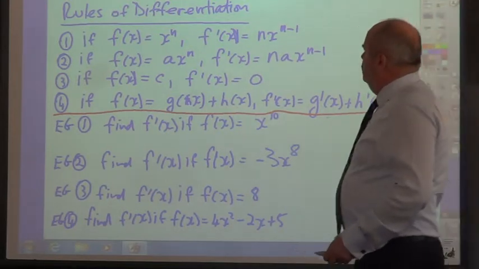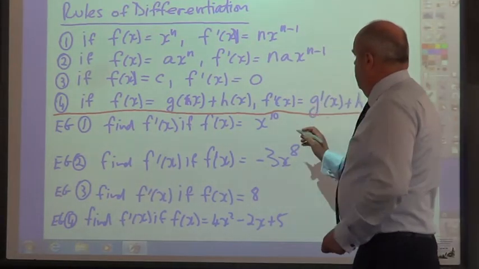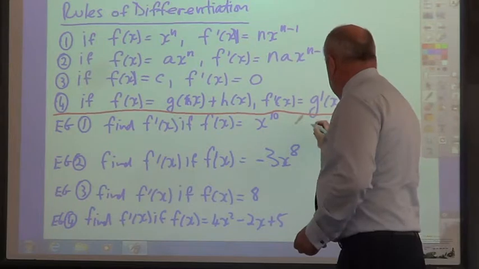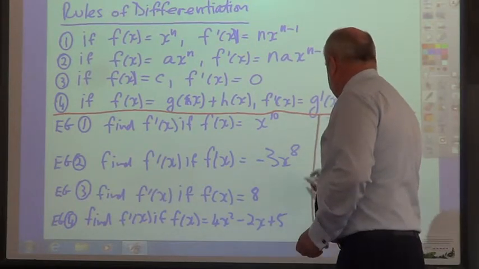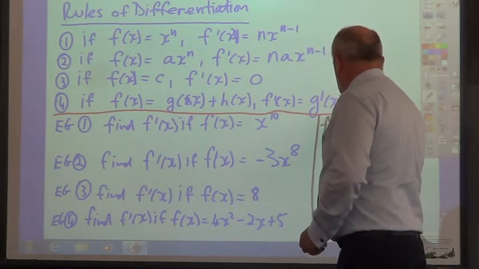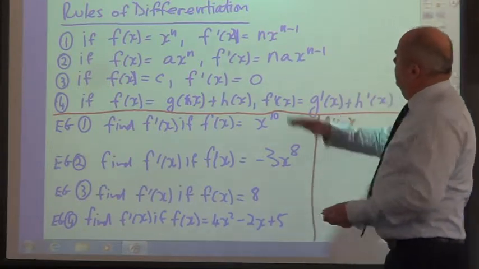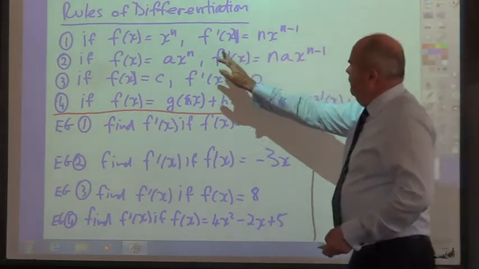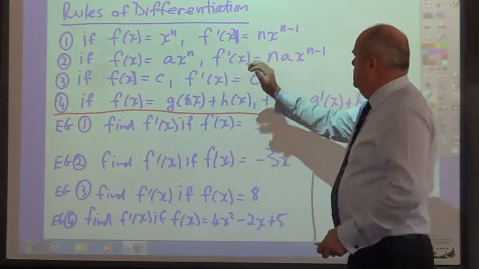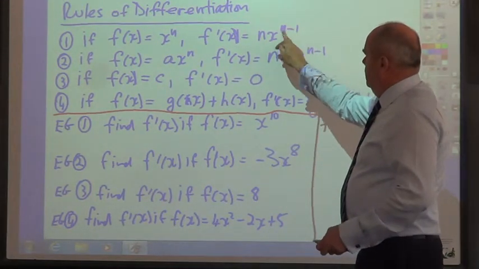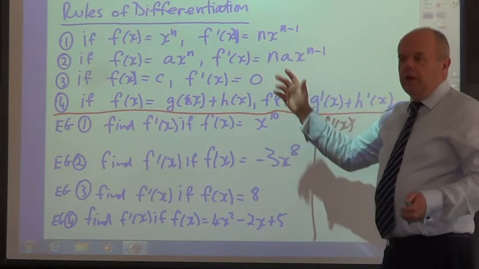Okay, so the first one is really saying this, actually. I'm going to put my answer column over here, and the first rule is just saying that if you've got a function x raised to some power, you reduce the power by 1 and put the power down there. It's that easy.